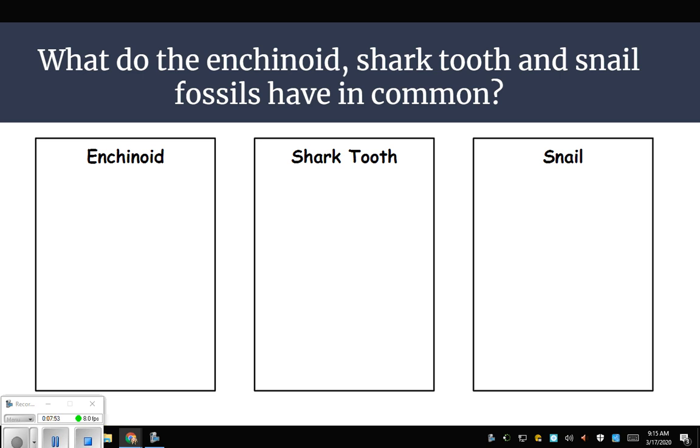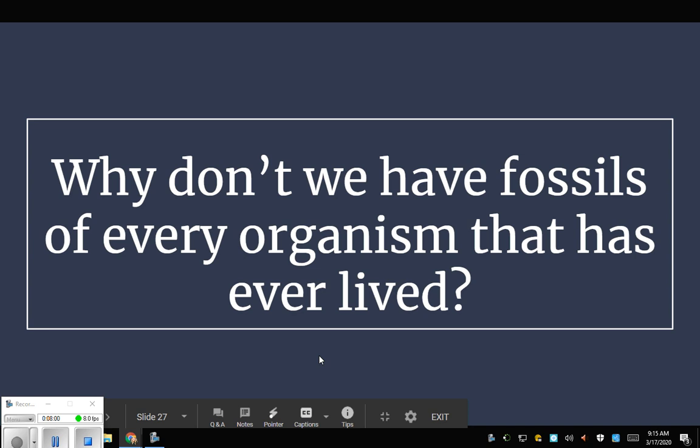So why don't we have fossils for every organism that lived? Well, there's a lot of reasons for that. If an organism didn't have hard parts, it would not fossilize. So there's certainly a lot of things that existed in the past that no longer exist and that we don't know existed, only because they weren't able to fossilize, because they didn't have hard parts such as bone or shells.